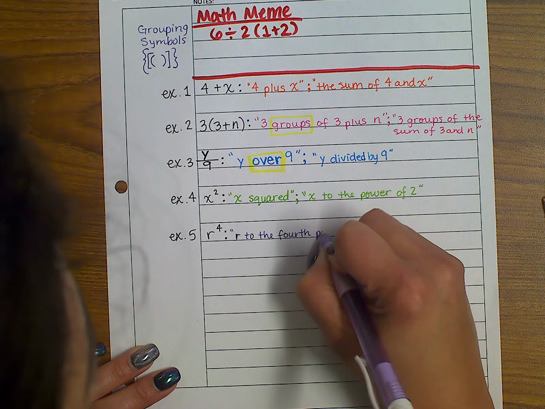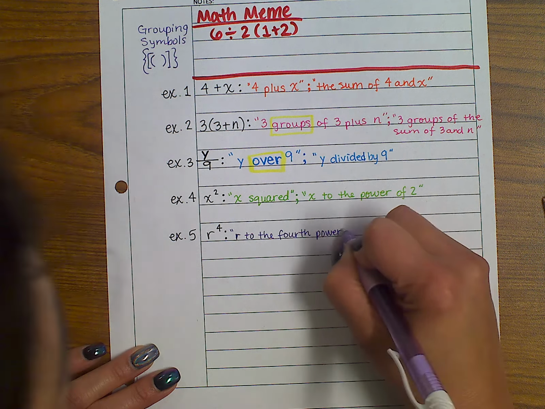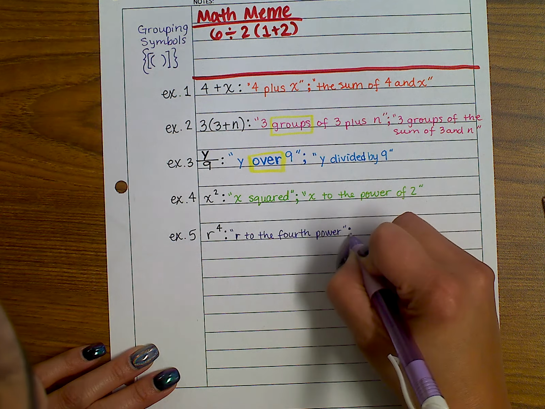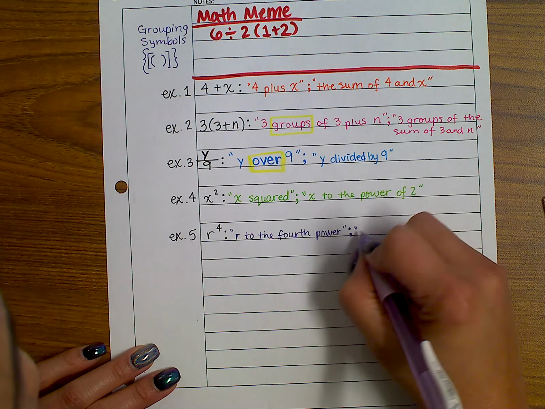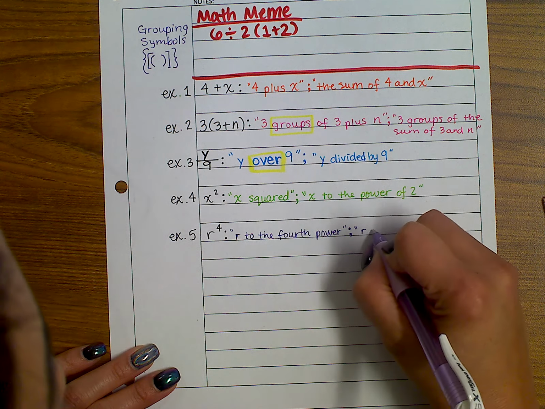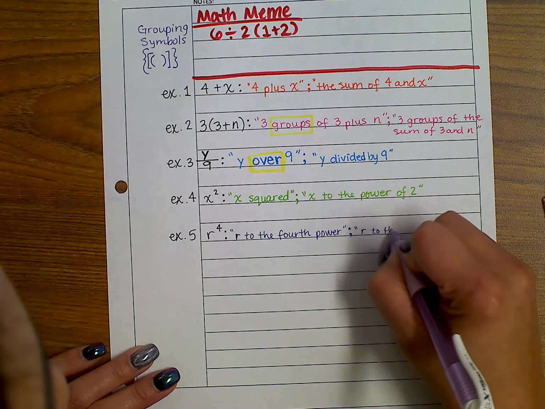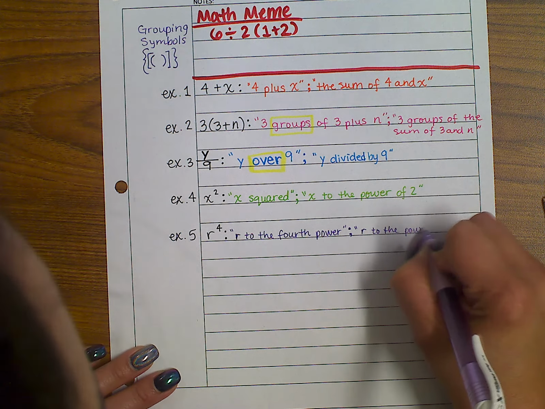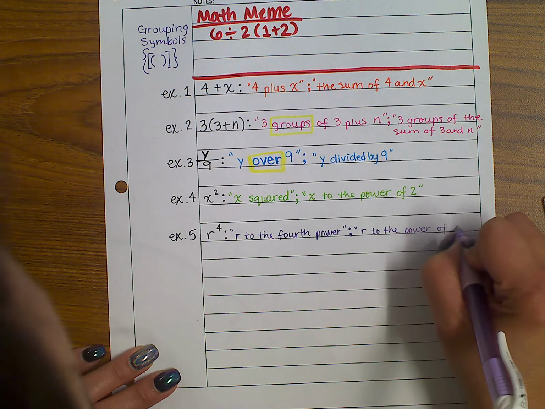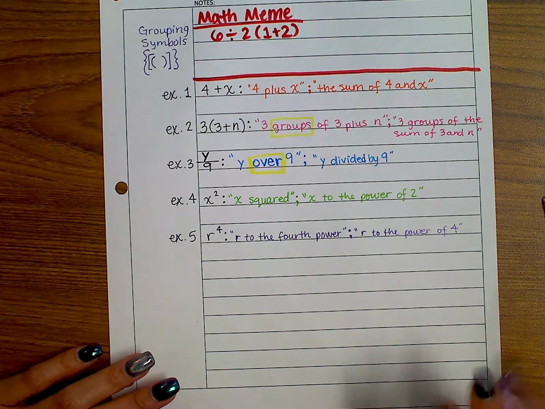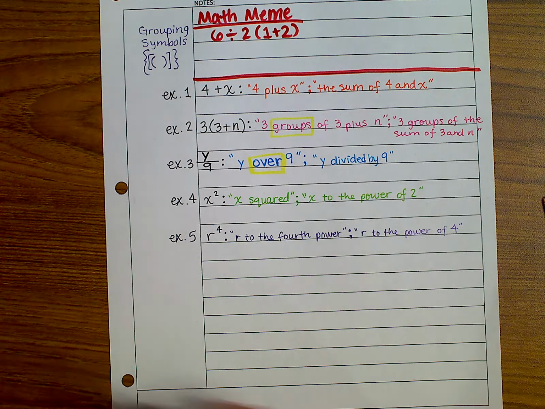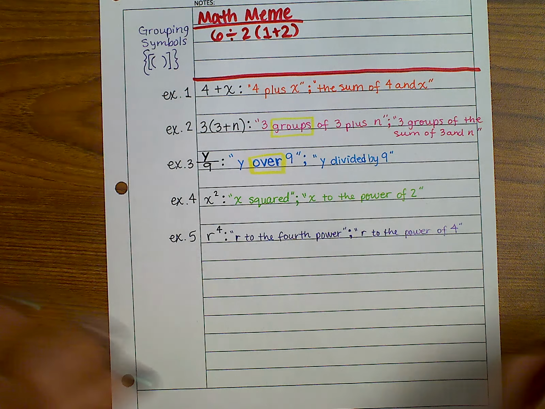I think you guys were the first ones that gave that to me so quickly, because most people went easier, or similarly to what we had in example 4, and y'all said r to the power of 4. Both are correct. I don't prefer any one to the other. Let's continue. Example 6.